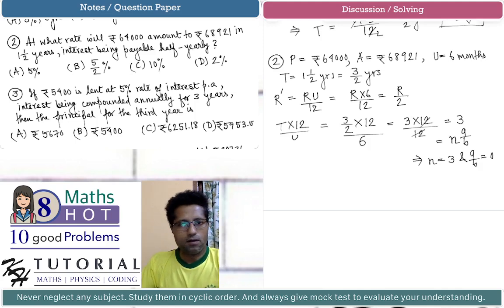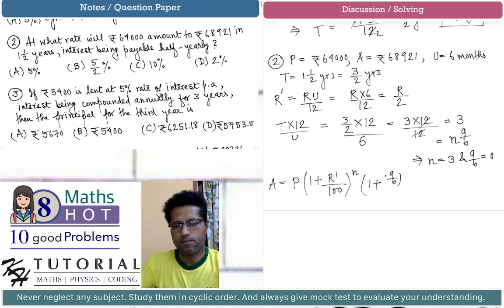Now we have the amount from the general formula. Amount equals principal P multiplied by 1 plus r dash by 100 to the power small n, multiplied by 1 plus the fraction a by b times r dash by 100. This will be equal to P, with r dash equal to r by 2, so we have 1 plus r by 200 to the power small n.